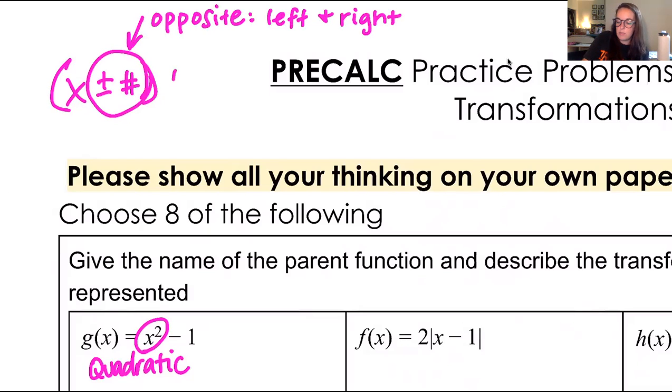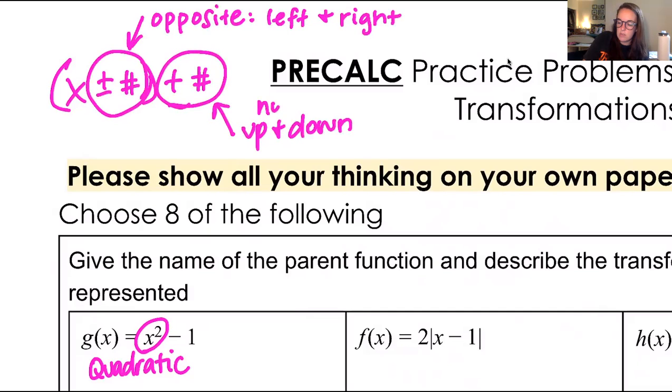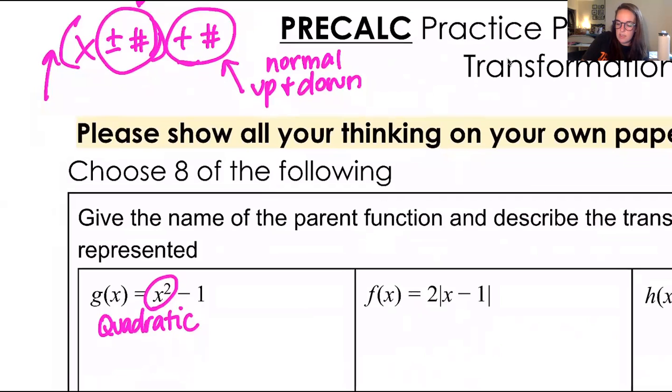And then we have plus another number, could be out here. Whatever this is, it's up and down, and this acts normal. So if it says +3, it's going up 3. If it says -3, it's going down 3. A number in front, if it's greater than 1, it's getting skinnier, like getting taller faster.